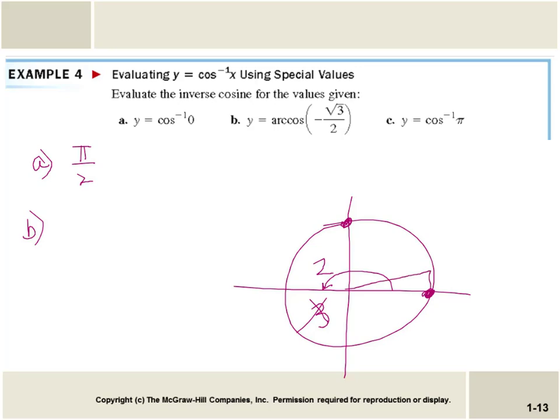So pi over 6 is the reference angle. So what is the angle in quadrant 2? Not minus 5 pi over 6, just 5 pi over 6. Minus 5 pi over 6 would land you in quadrant 3.